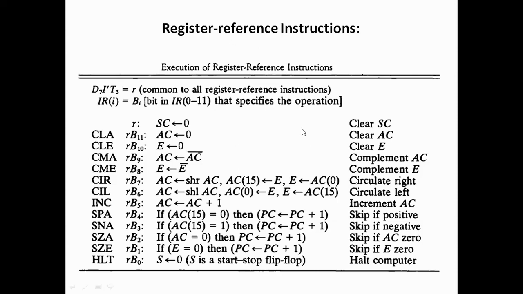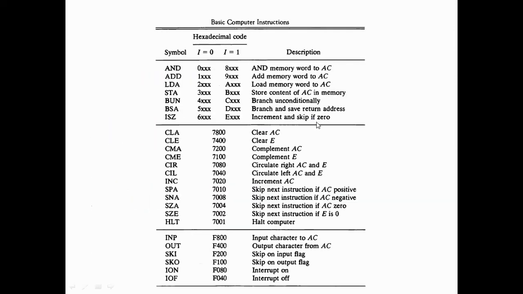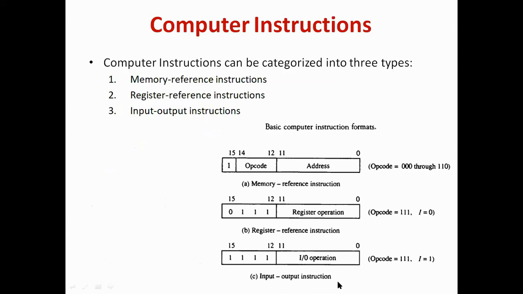Simple. If I say that the bits are 0 to 11, like here, so this is a register reference instruction. These 12 bits are 0 to 11. If the 11th bit is on, that is, this is 1, that implies it is the first instruction, the clear accumulator instruction.